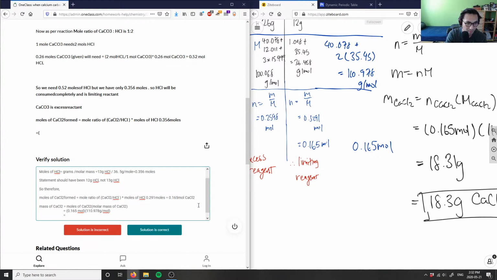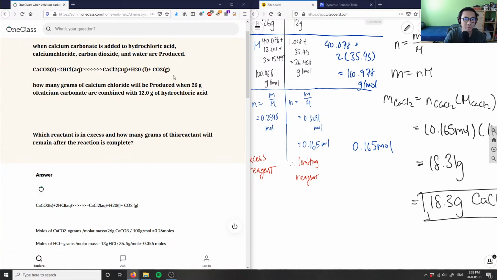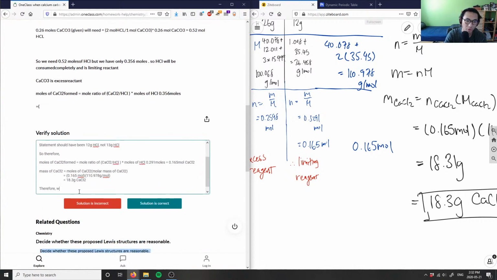This is going to equal 18.3 grams of CaCl2. Therefore, let's see, it says here we are producing 18.3 grams in terms of CaCl2 in the reaction, and CaCO3 is the excess reagent. So the solution is incorrect because they failed to complete the question here.